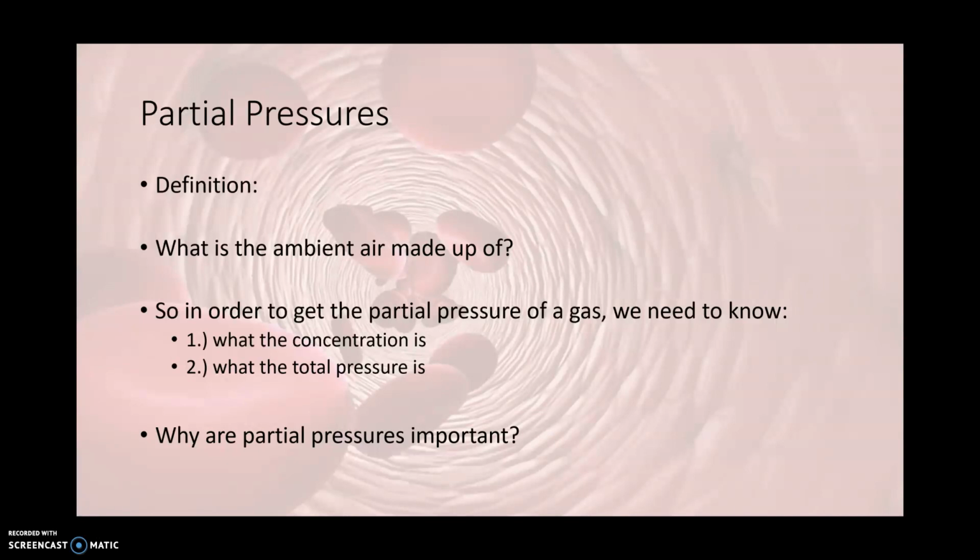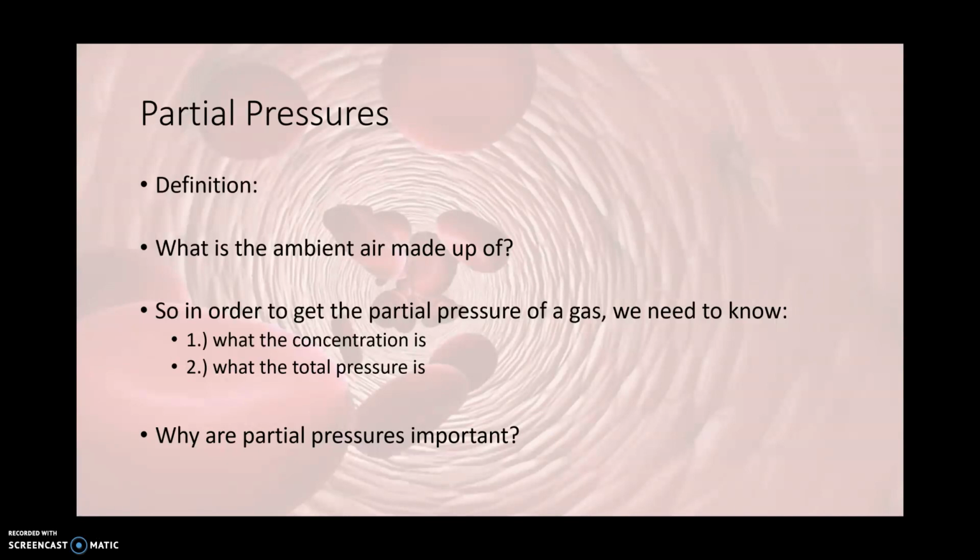We have to move the decimal point over to the left twice, because 20.93% would be 0.2093. So we'd do 0.2093 times 760, which is our total pressure, which equals 159.068 millimeters of mercury. So at sea level, the partial pressure of oxygen is about 160 millimeters of mercury.